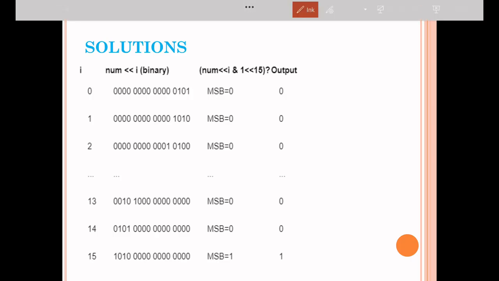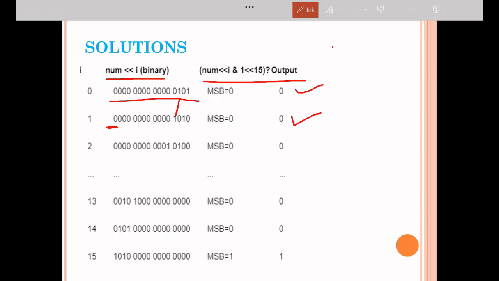Now see here, we explain easily. Num left shift i and num. Now this is your number 00000. Okay. So MSB is equal to 0. Output will be 0. Now you left shift 1. You can see left shift 1. So MSB again 0 because MSB is 0.